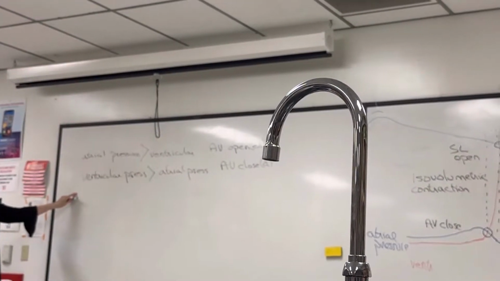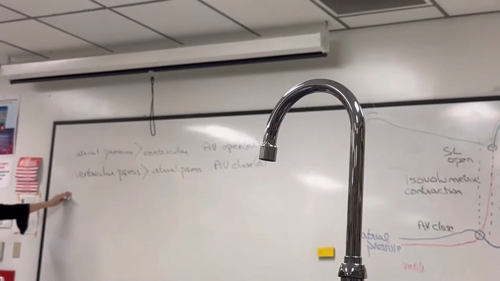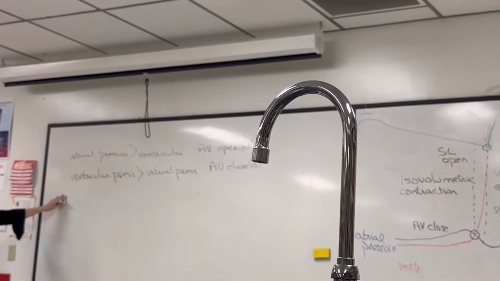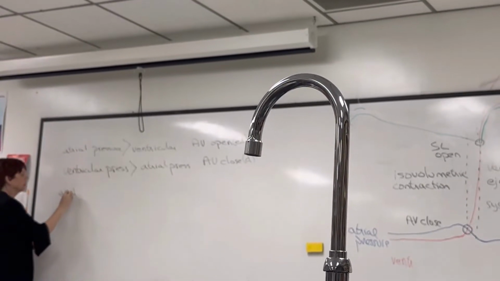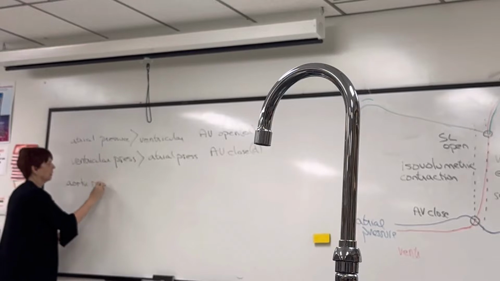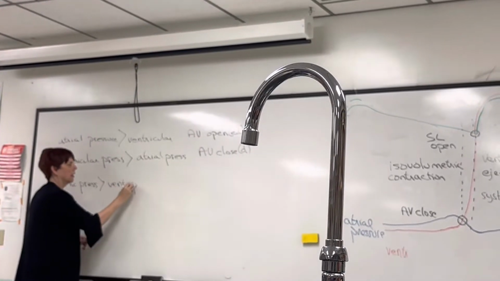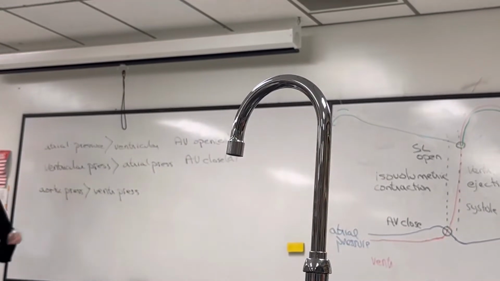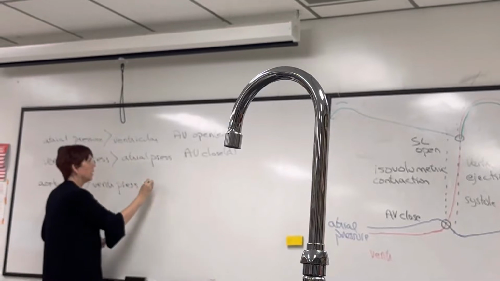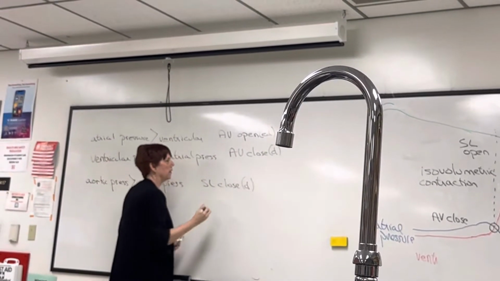All right, now for the semilunar valves, that's the relationship between the ventricles and the aorta, or pulmonary trunk, but we usually focus on the aorta. So when aortic pressure is greater than ventricular pressure, semilunar valves are closed or open? Closed. It would be that first half of the picture. So semilunar valves close or remain closed.